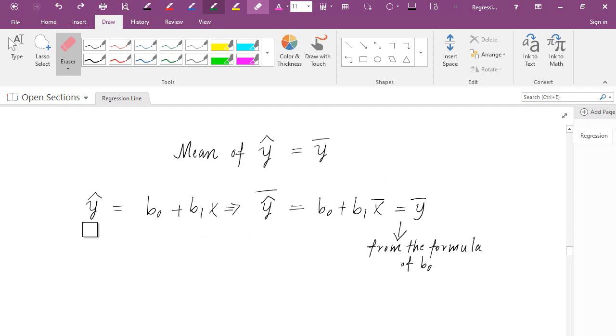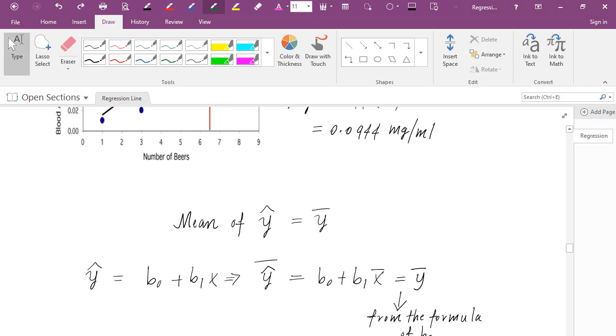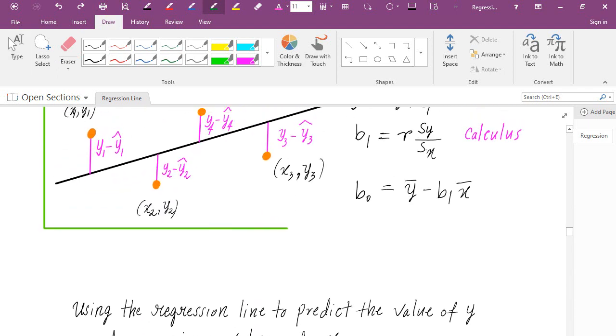So y hat, recall, is given by b0 plus b1x. So the mean of y hat is equal to b0 plus b1 times the mean of x. And notice that this is exactly the same as the mean of y, because that's what we get from the formula for b0.